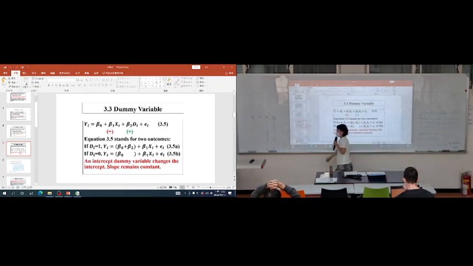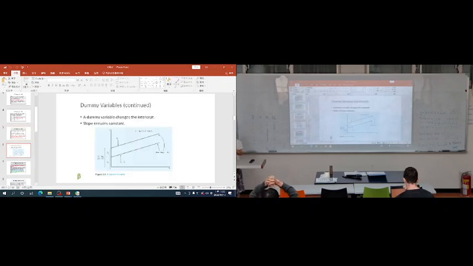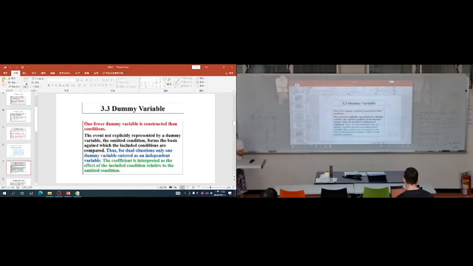So we say this is two parallel lines with the same slope. Since they are parallel, the slope is the same, otherwise it won't be parallel, right? But the intercept is different.